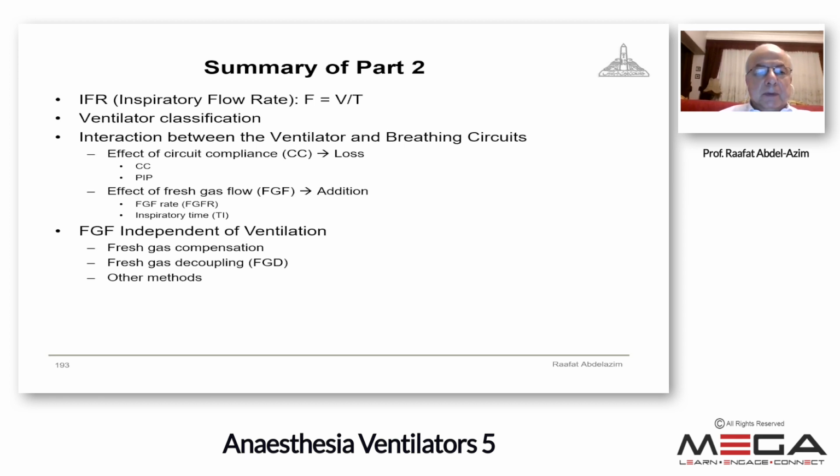The inspiratory flow rate, how to adjust it and what its value is, and the ventilator classification, and the interaction between ventilator and the breathing circuits, whether with loss of part of the tidal volume due to circuit compliance or addition to the preset value by the fresh gas flow, and how to avoid this by use of any technology of fresh gas flow independent ventilation, either by fresh gas compensation, or fresh gas decoupling, or other methods.